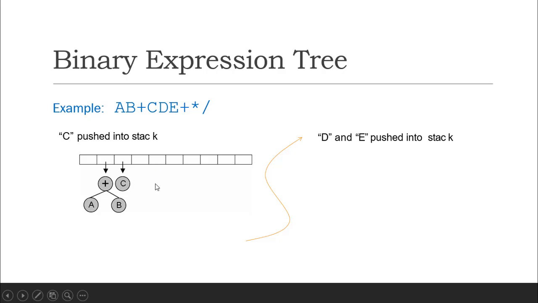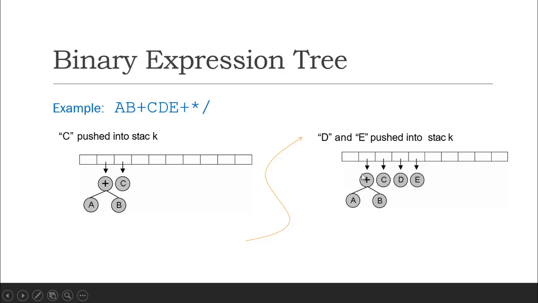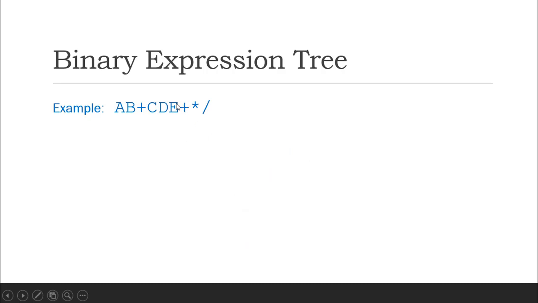As you noticed here, you can proceed pushing operands into the stack, just like in the example in our figure. D and E were pushed into the stack. Next we have the plus operator.